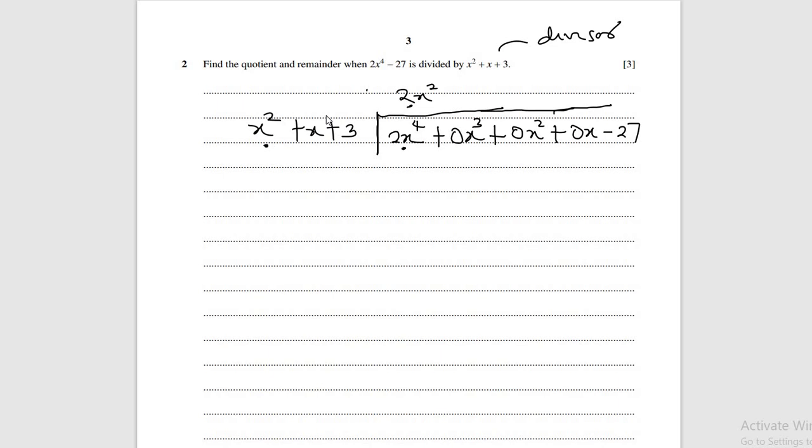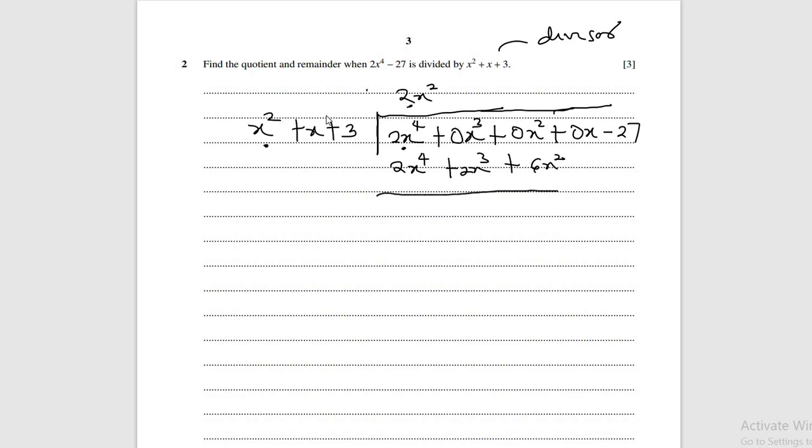So 2x squared multiplied by the divisor. Your answer times divisor, that's always it. 2x squared times x squared, we have 2x raised to the power 4. 2x squared times x, that's 2x cubed. 2x squared times 3, that's 6x squared. That's it. We multiply by all of them.